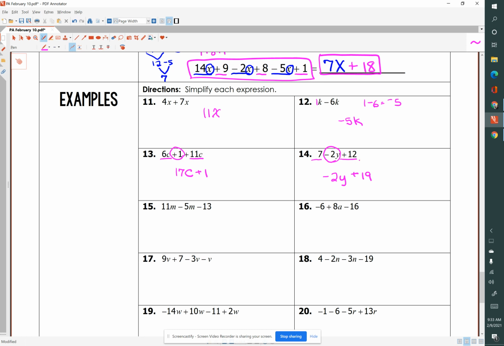Now, let's think about the order in which I've written them. Generally, we put the terms with variables first, and the constants last. You'll see that when we did the 7x plus 18, that's what we did. So that's the order that we write things in.